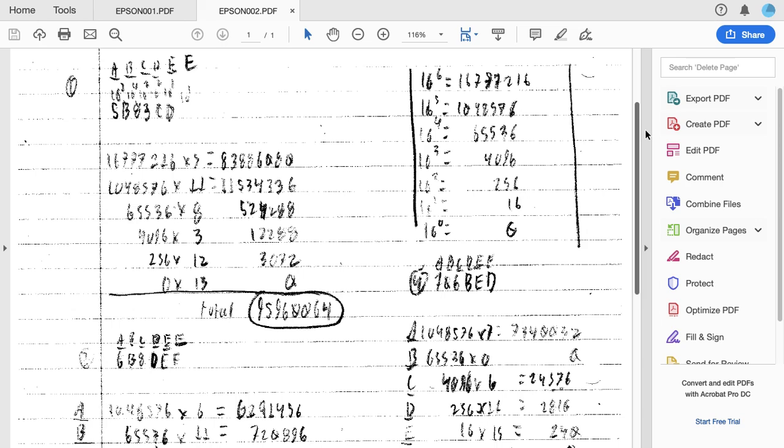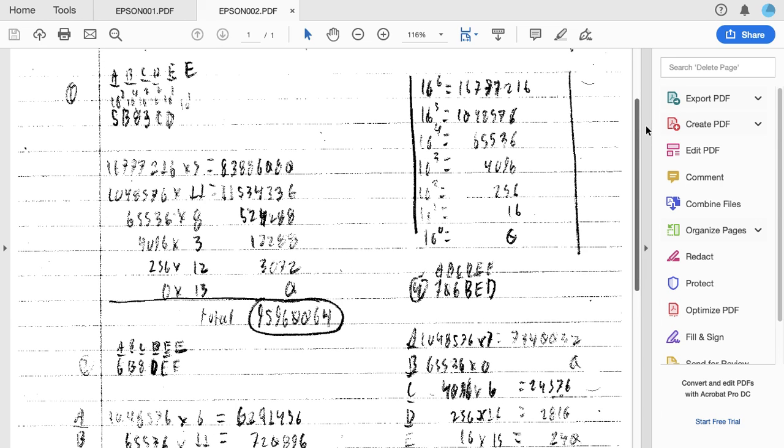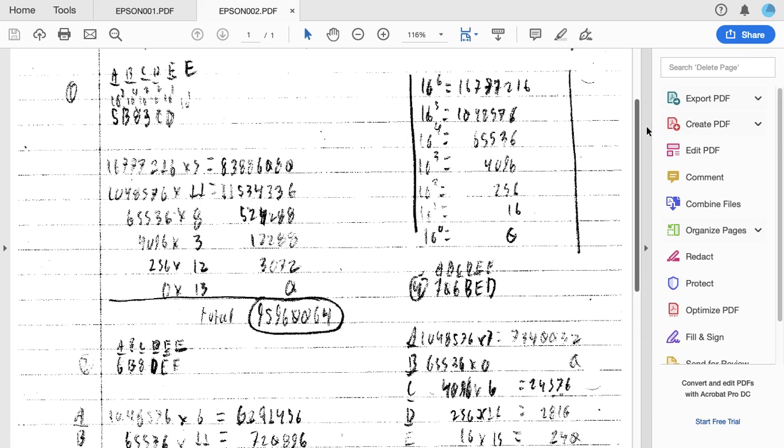Also, remember, the highest exponent that you have should always be one less than the amount of characters that you're dealing with. So if you have 1, 2, 3, 4, 5, 6 characters, your highest exponent should be a 5, working your way from left to right.